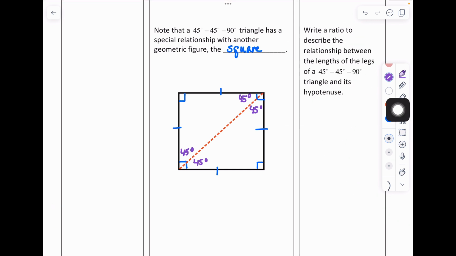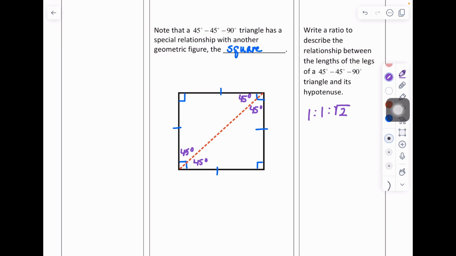If I want to write a ratio that would describe the relationship between the lengths of the legs of a 45, 45, 90 and its hypotenuse, remember the legs are the same, so the ratio of the leg length to the other leg length to the hypotenuse is equivalent to this: 1 to 1 to the square root of 2.